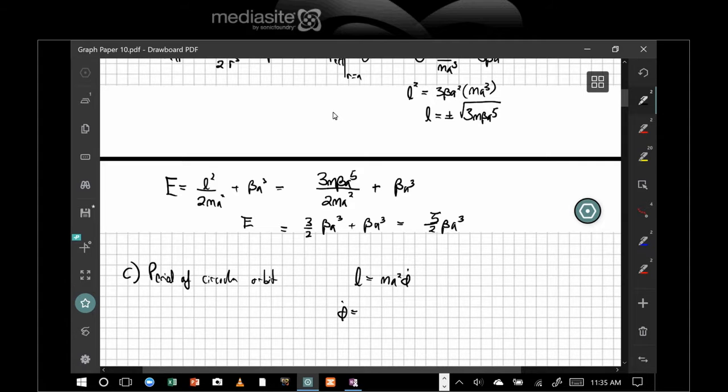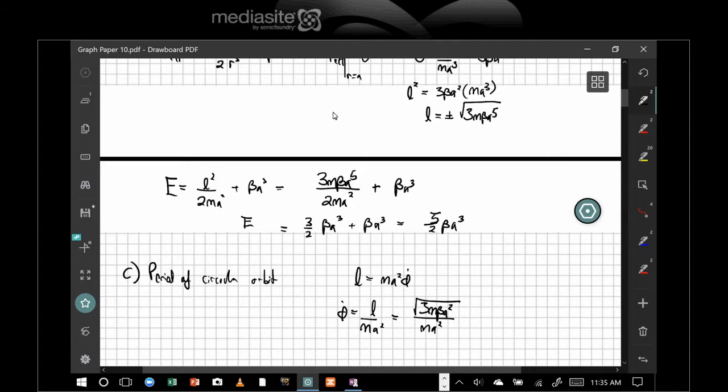Phi dot tells me the angular velocity. So that's going to be L over MA squared. Now we can stick in what we had for L before, using the positive solution, the square root of 3M beta A squared, over MA squared.